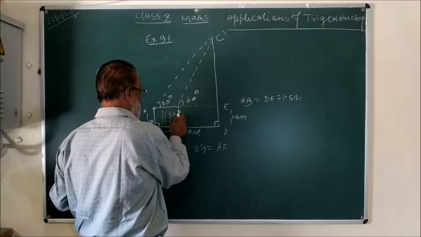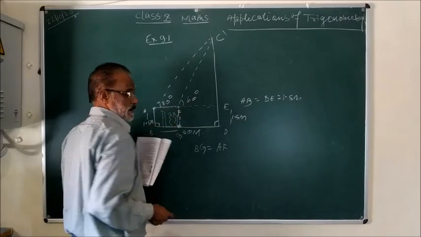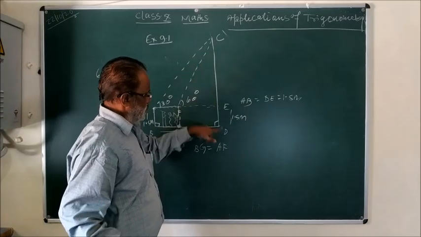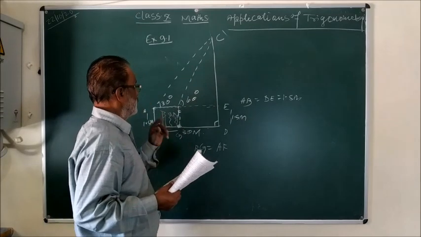We will find AF, that will be equal to BG, and that is the distance you walk towards the tower. Now CD is the tower or building.